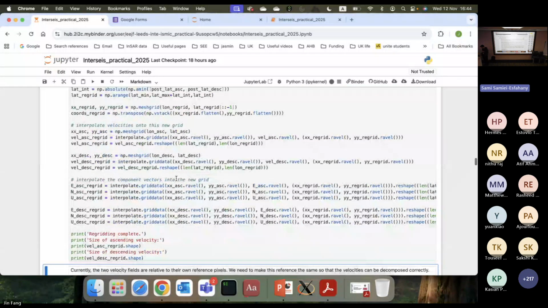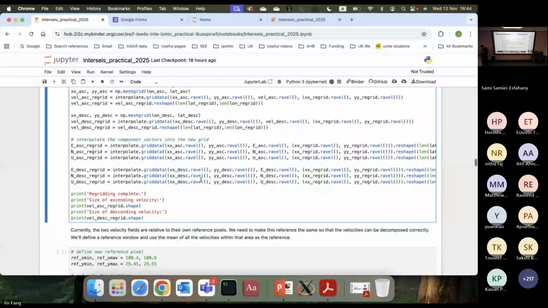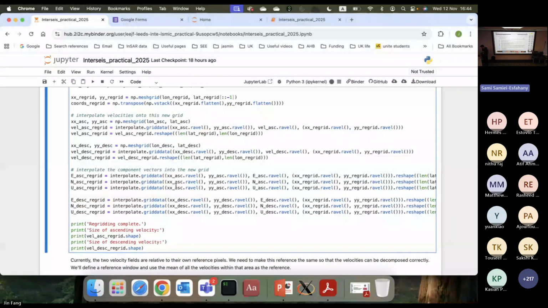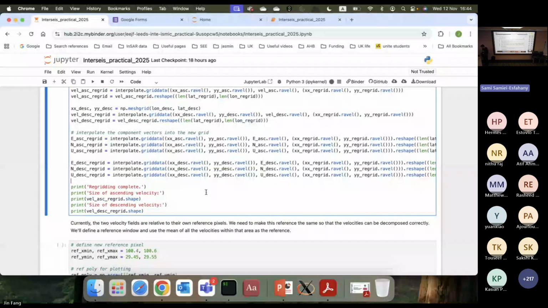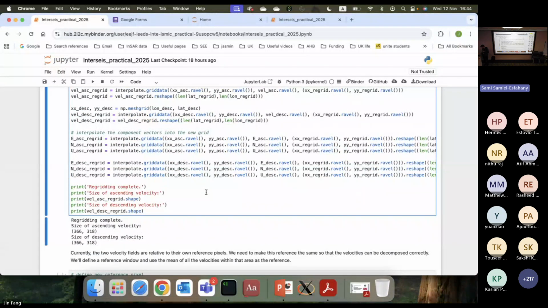So now we are regridding the velocities onto a new grid so that they will share the overlapped region points.